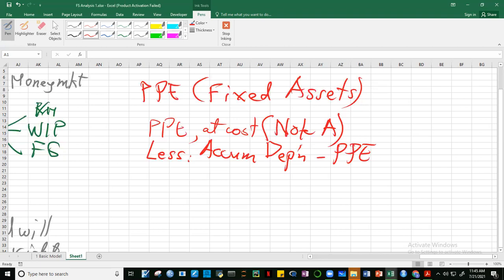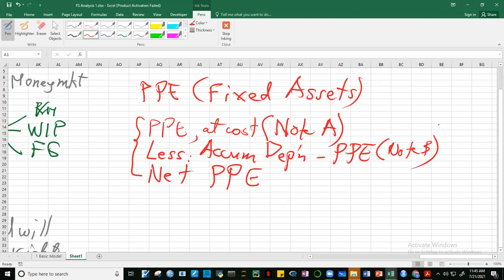And then, you'll have net PPE. Okay? Sometimes, ito lang pinapakita itong tatlong to, and then magno-note na lang. Minsan may note din yung accumulated depreciation kasi bawat asset may kanya-kanyang depreciation, kunyari note B to.